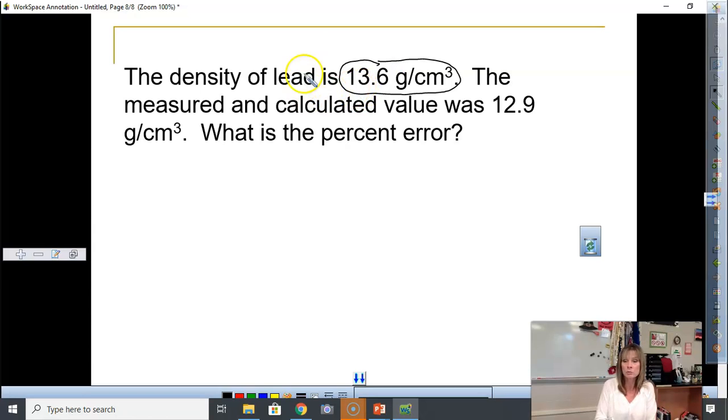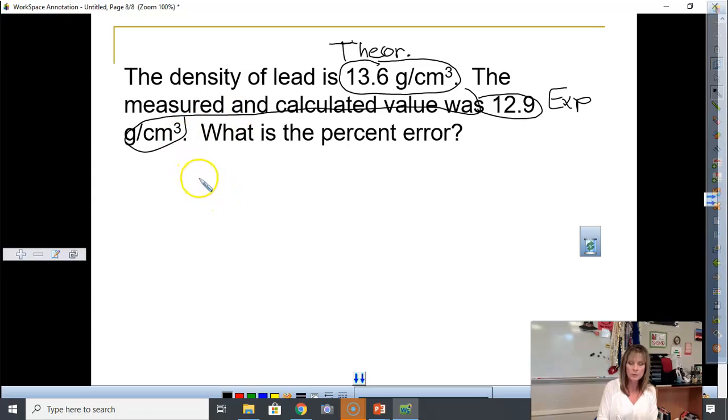Well, it's known, so this is my theoretical value. Theoretical value. Okay, the measured and calculated value is 12.9 grams per cubic centimeter. Let's circle 12.9. That is my experimental value.